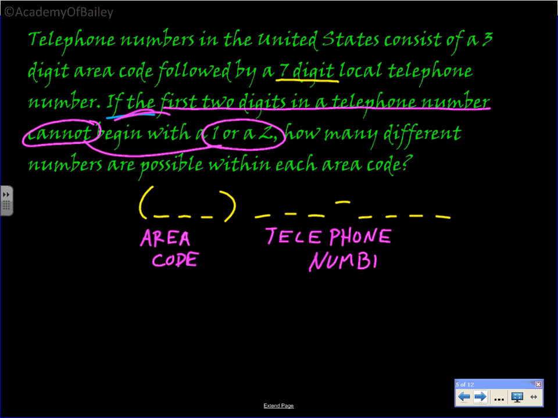All right, so we know those first 2 spots cannot be a 1 or 2. Both of them. You cannot have a 1 or 2 in either one of them.